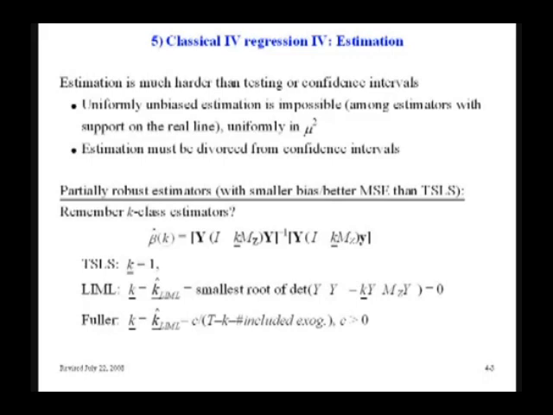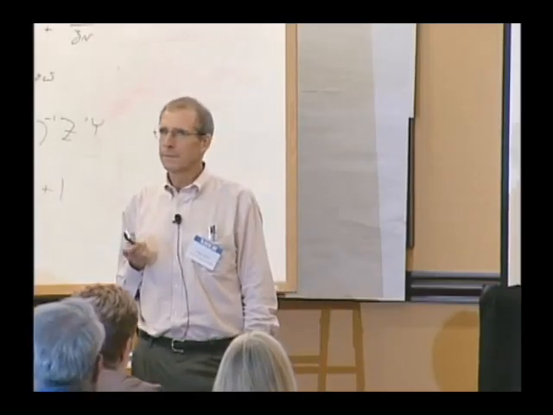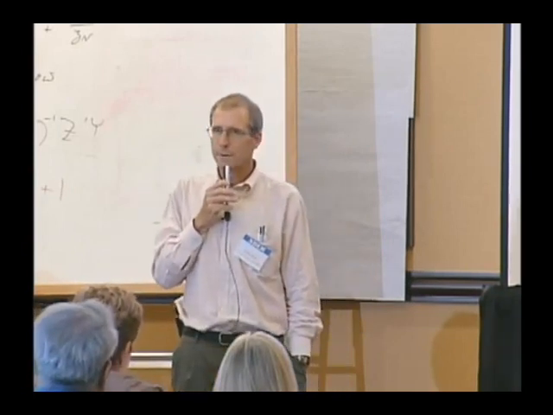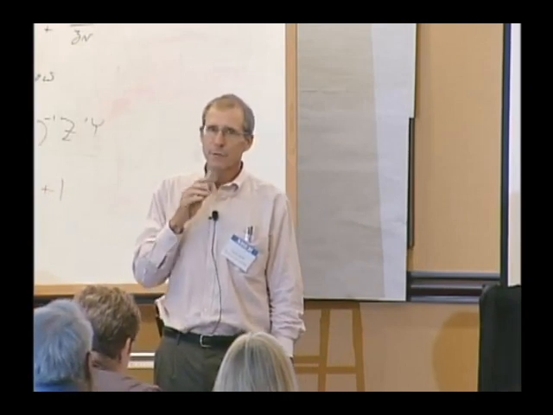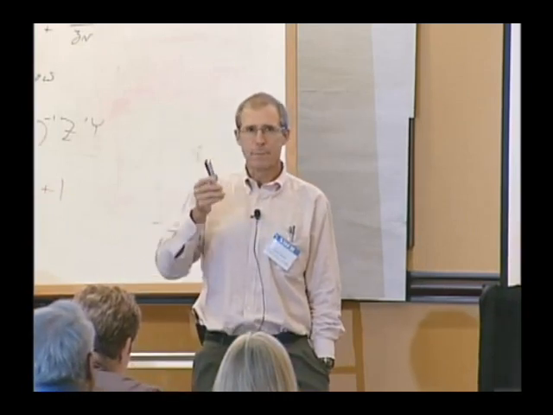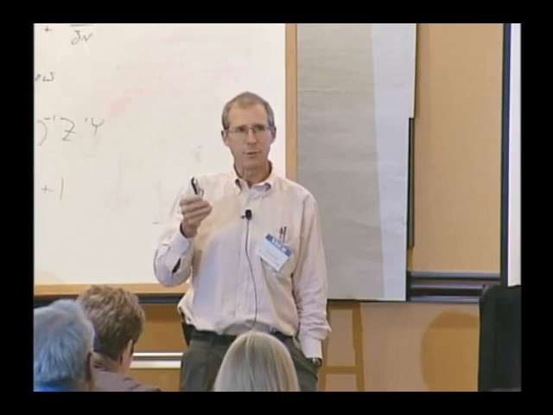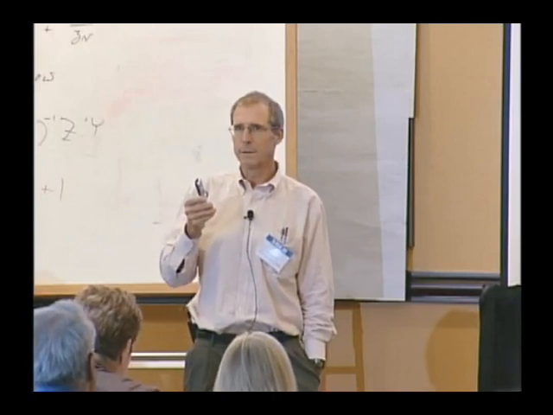Suppose that you go to the bound example of an irrelevant instrument. Can you construct an unbiased estimator? The answer is no, you can't. Because it's totally unidentified, the distribution of the data doesn't depend on the true value, so the distribution of the estimator can't depend on the true value.